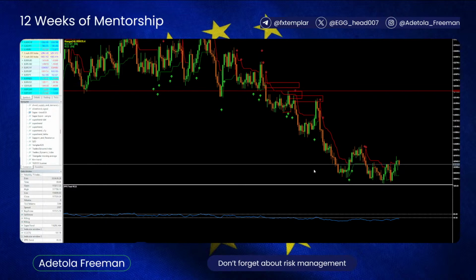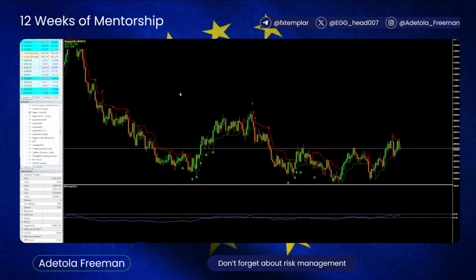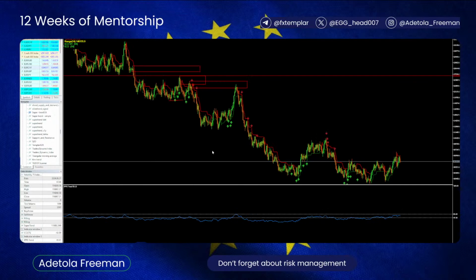So what I generally do, maybe I'm using it on the 4 hour time frame, for example, or maybe on the 1 hour time frame, which, by the way, is my favorite time frame to use this on. So say I'm on the 1 hour time frame, and the trend oscillator is showing me that the current trend all along has been bearish, and then the trend oscillator enters into the flat territory.